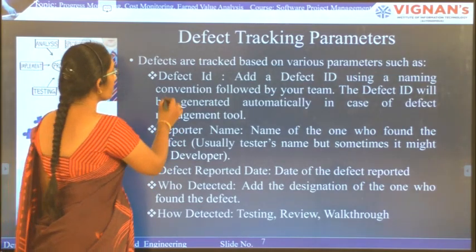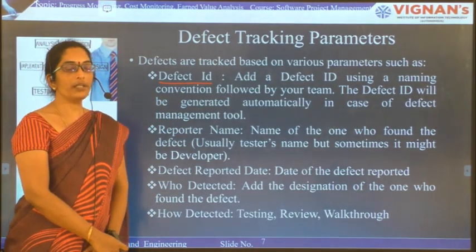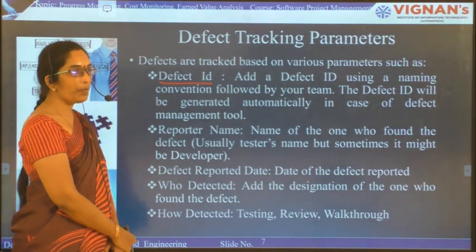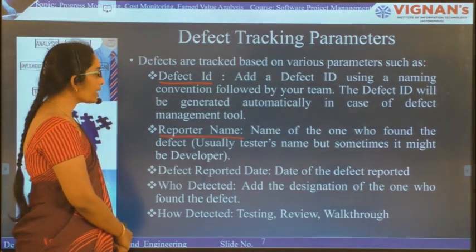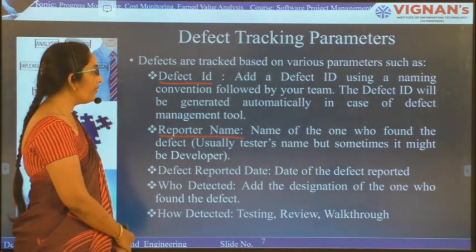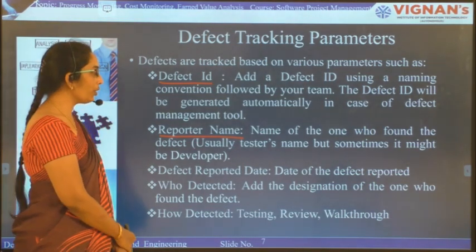The first one is defect ID. We have to add a defect ID using a naming convention whenever a defect is identified. The next one is reporter name, where the name of the one who found the defect has to be included.